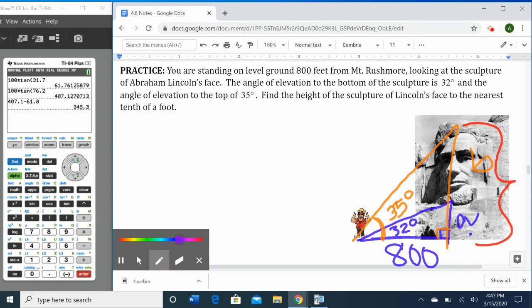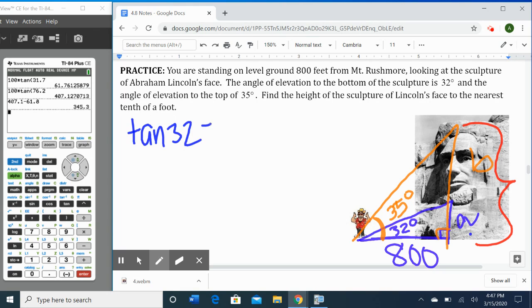I'm going to subtract. So I'm going to set up that the tangent of 32 is equal to A over 800.